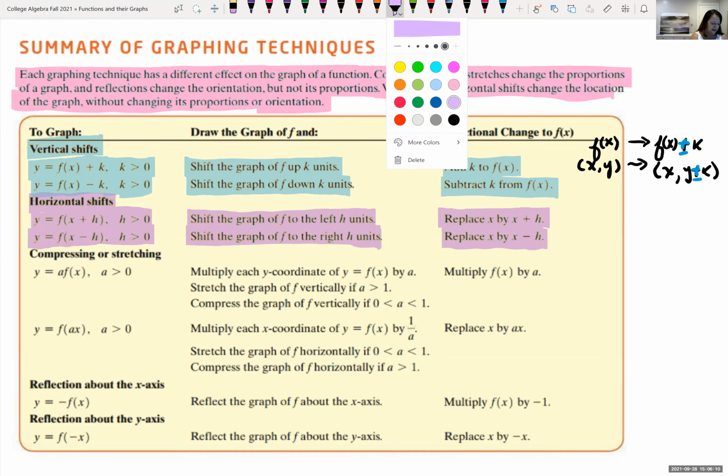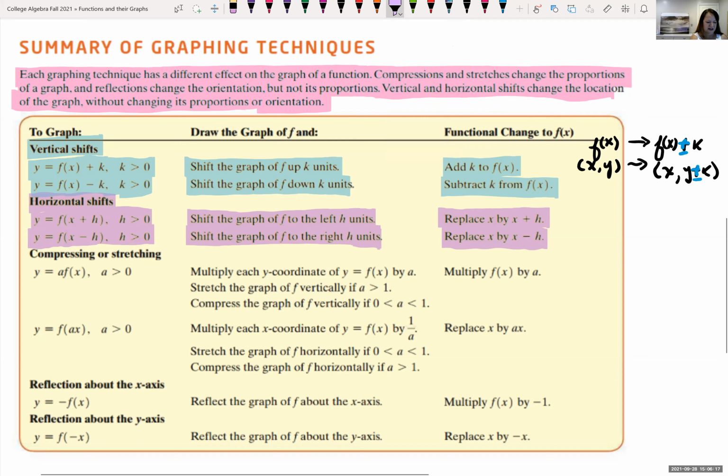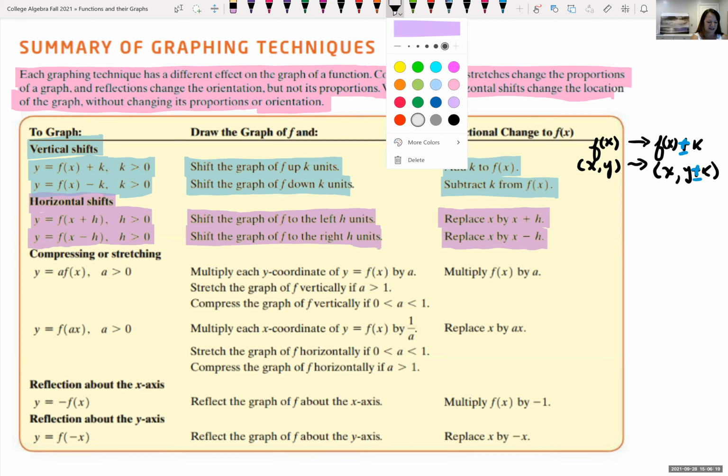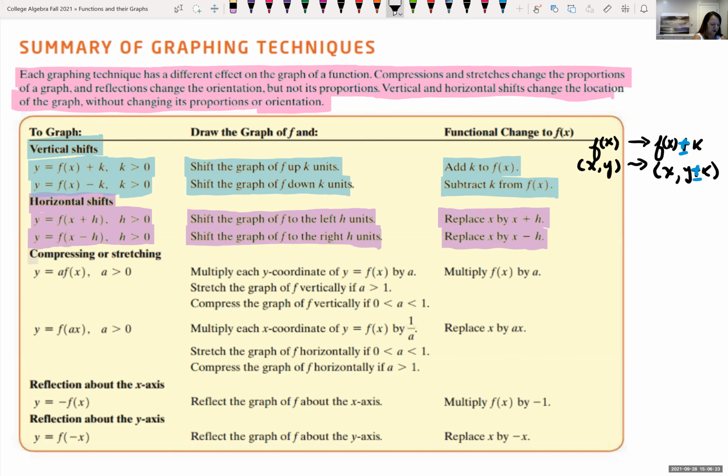Shrinking and compressing, or compressing and stretching, depends on the book, calls it different things. To me, sometimes it seems opposite of what they're talking about. So let's just look at this. So compressing and stretching. If you have some constant times our y value, y equals a times f of x, again, we're going to say that our constant is greater than 0.